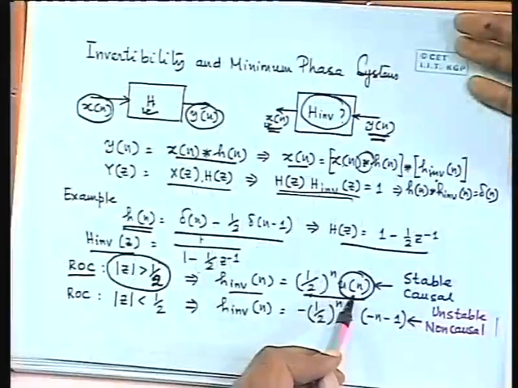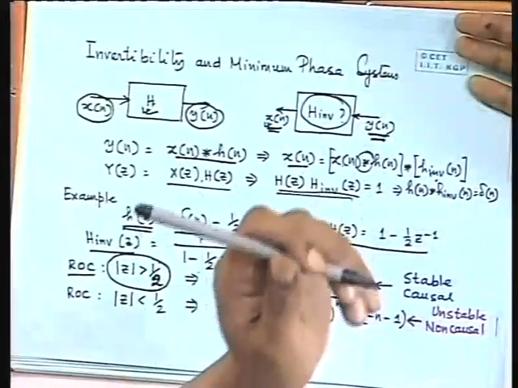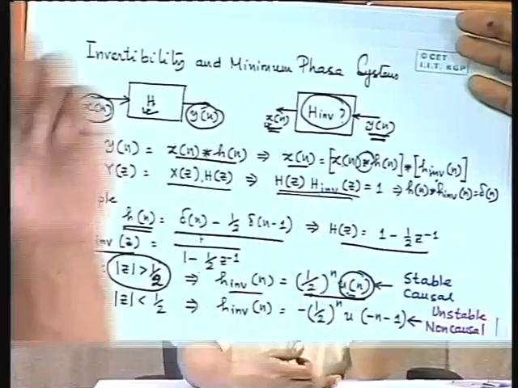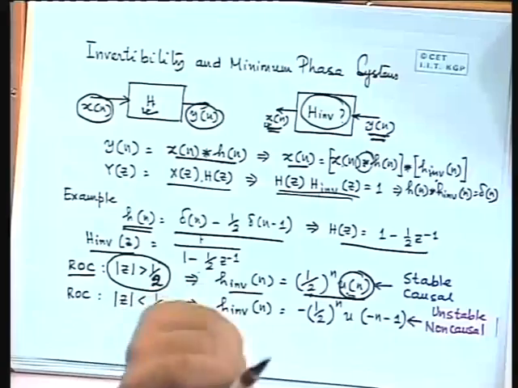And secondly, because of this u(n), h(n) is equal to 0 for all n less than 0, because u(n) is the unit step function. So for all n less than 0, u(n) is 0, so H inverse(n) is 0, which means that H inverse(n) is causal. We just learned that if any impulse response sequence has to be causal, it must be 0 for n less than 0.